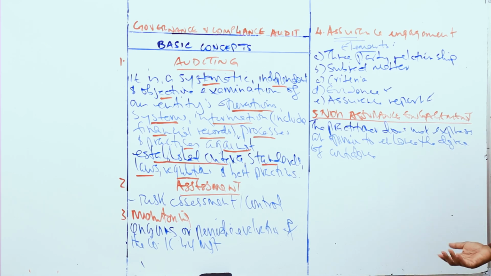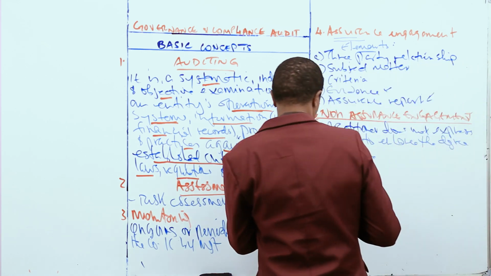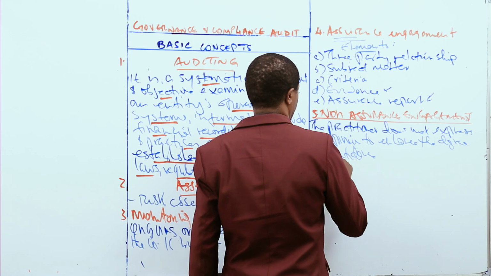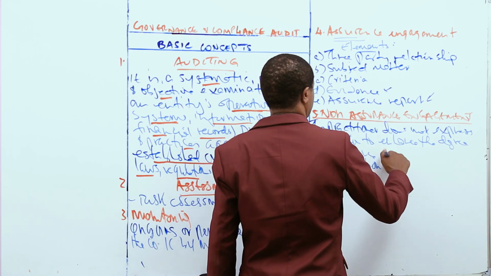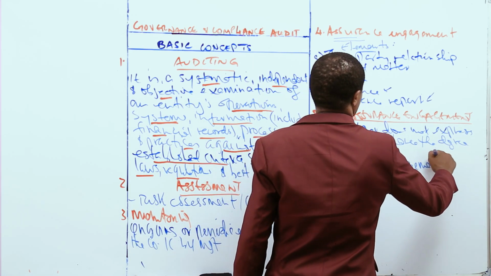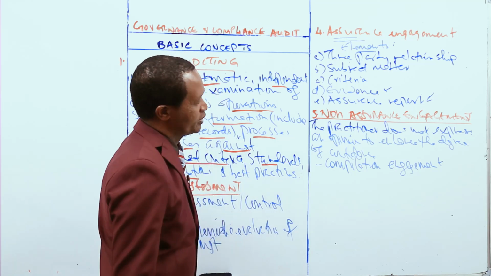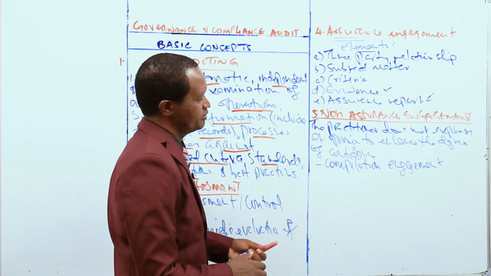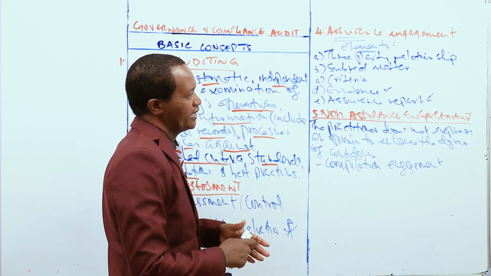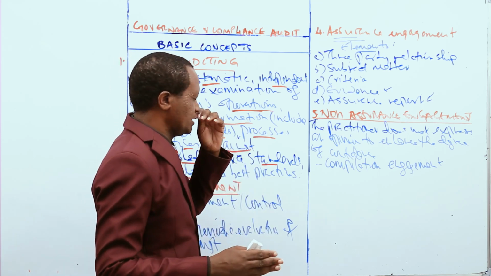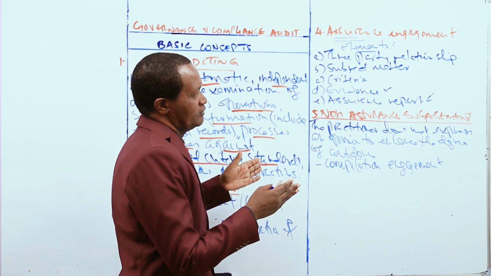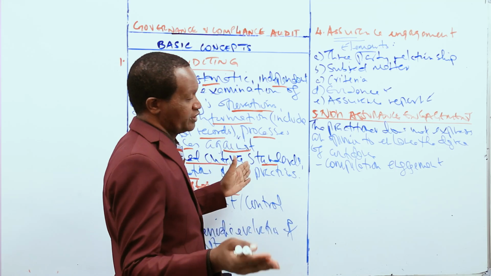An example of a non-assurance engagement is a compilation engagement. There are times when the practitioner may be called upon by the management to help the management compile financial statements in line with an applicable financial reporting framework.